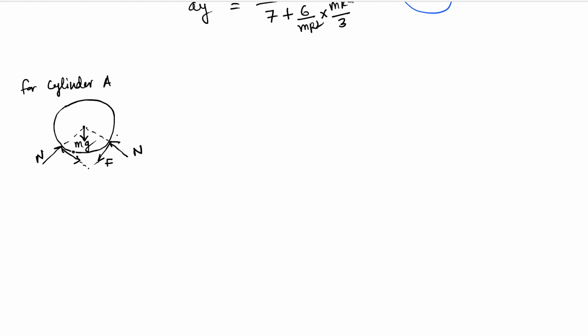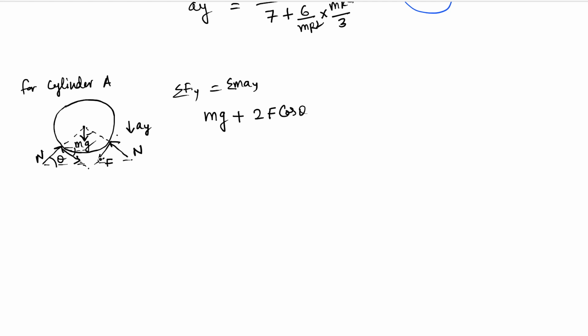Okay. Now we know that this is theta. This is 90 minus theta. Right. And this is also 90 minus theta. And let's say this is going down with acceleration ay. So if we use Fy equal to may, then the equation will be mg plus 2F cos theta.